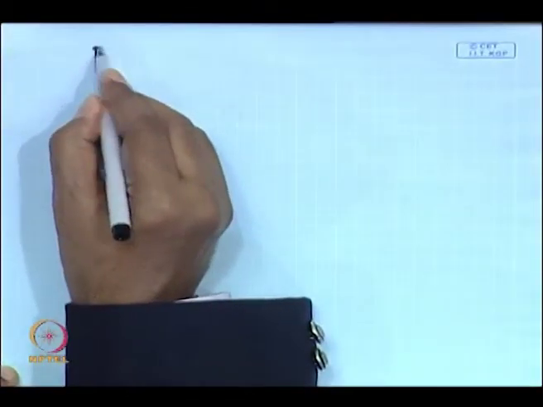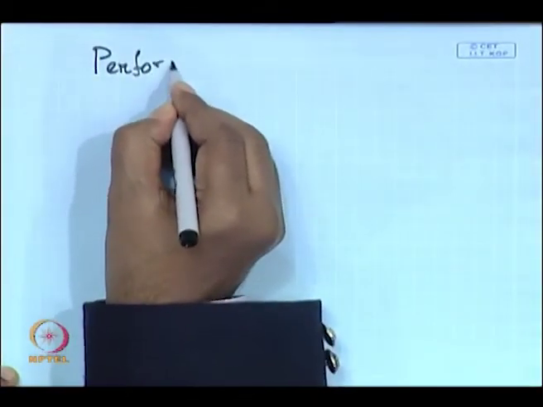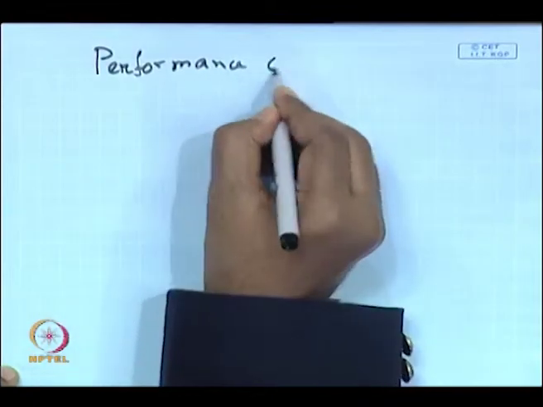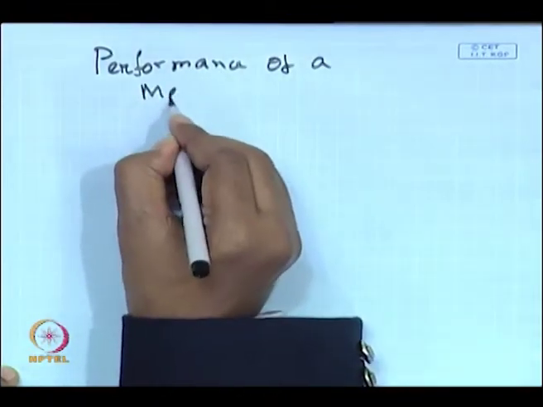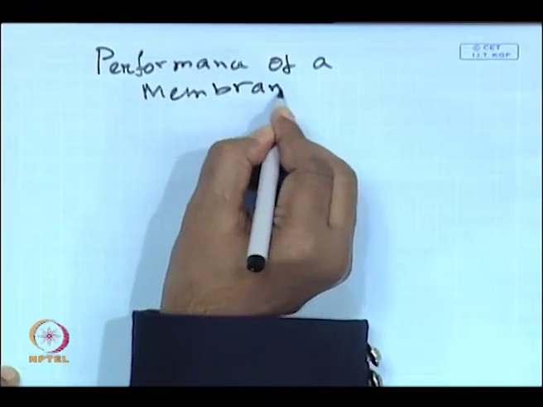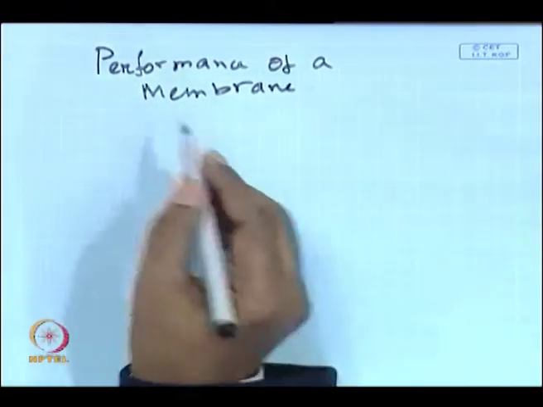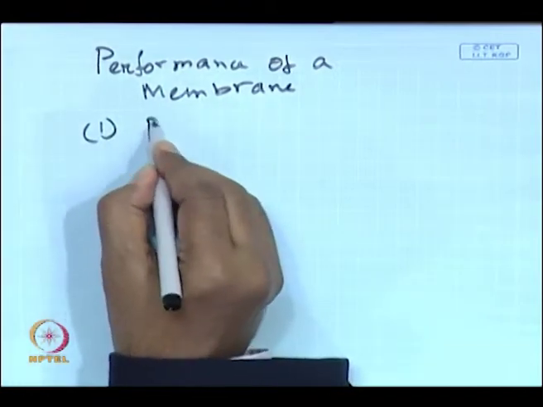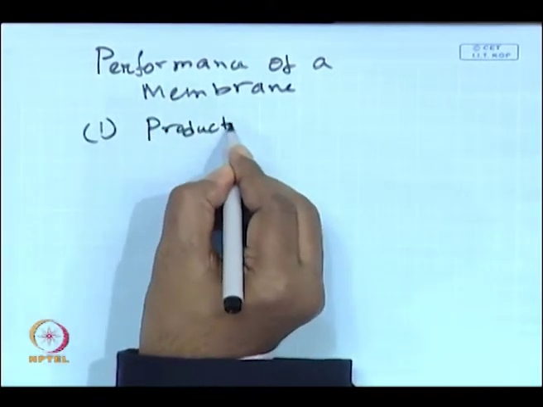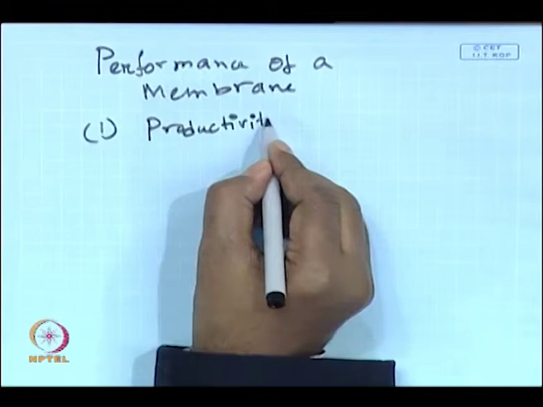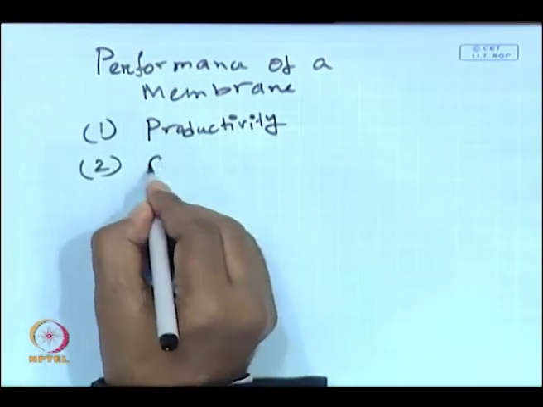Okay. Now, for any modeling purpose, or forget about modeling, if you look into the performance of a membrane, there are two things one has to look into. These two things are, one is productivity, another is the quality.